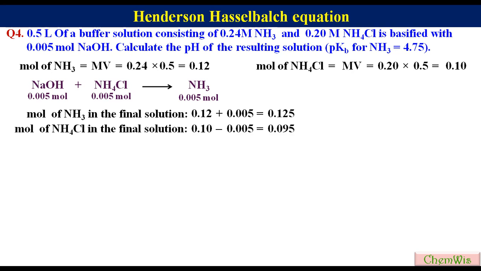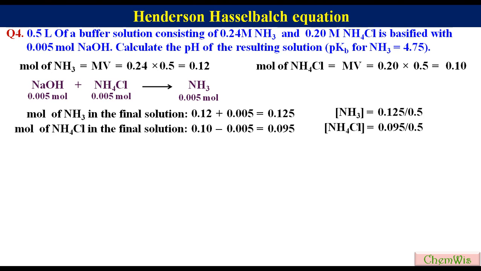Concentration of ammonia is equal to number of moles divided by volume in liter, is equal to 0.125 upon 0.5. Molar concentration of ammonium chloride is equal to 0.095 upon 0.5.